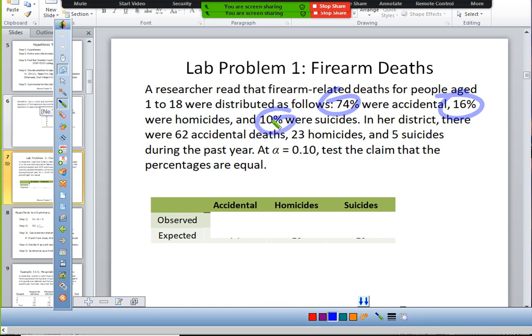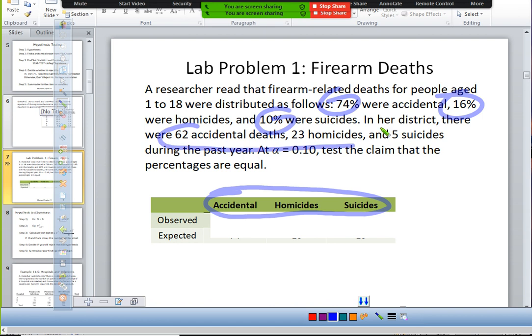I have a whole bunch of percents, and they're in categories. 74% for accidental, 16% for homicides, 10% for suicides. So these are categories. And I also have observed values. So this is that whole chi-squared list, right?